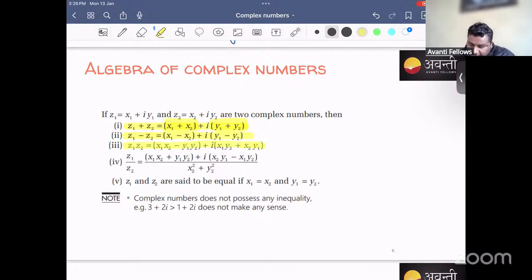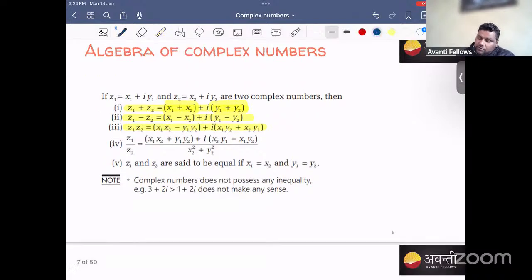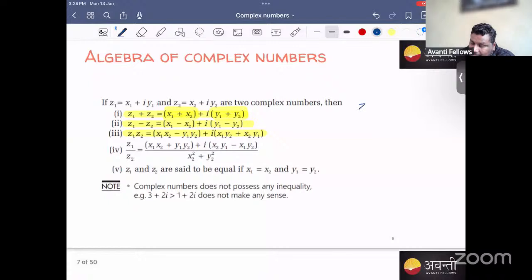Now Z1 into Z2. Now you simply multiply it. Z1 into Z2 is X1 plus iota Y1 times X2 plus iota Y2. So that is X1 X2, iota times X1 Y2, iota times Y1 X2, iota square times Y1 Y2. Now this iota square is what?